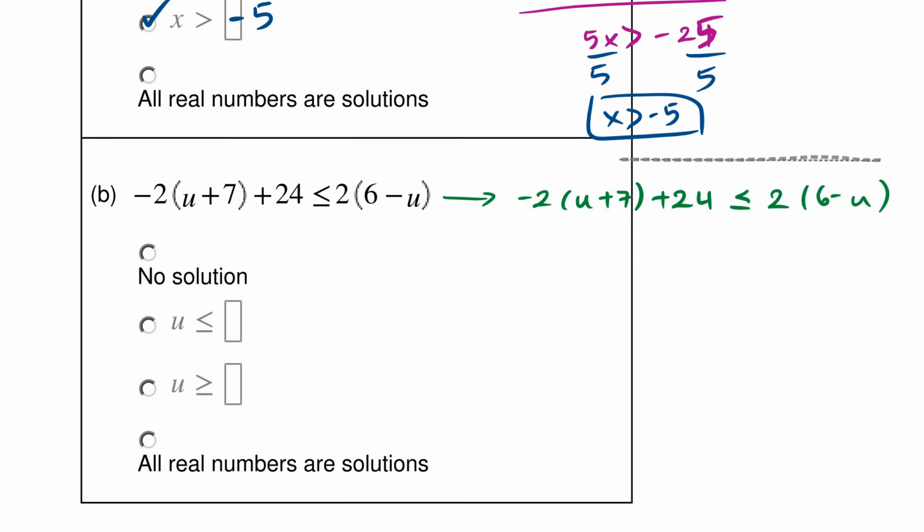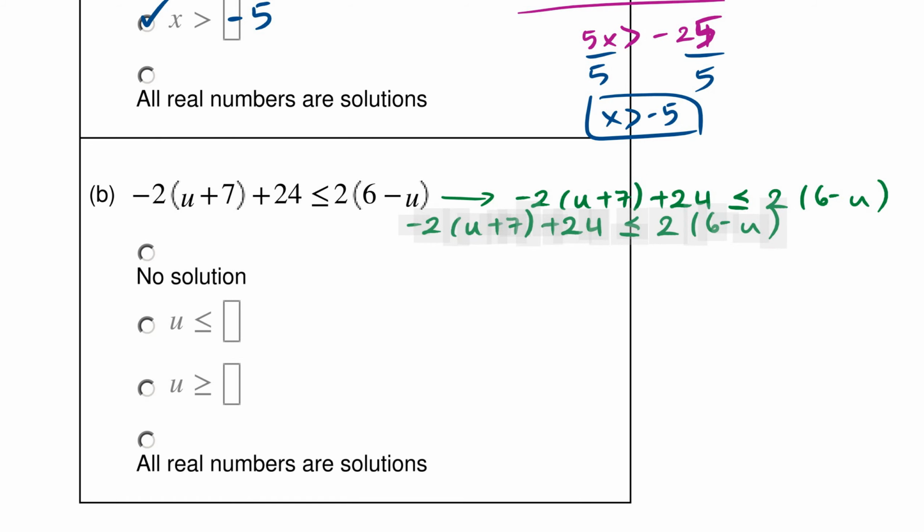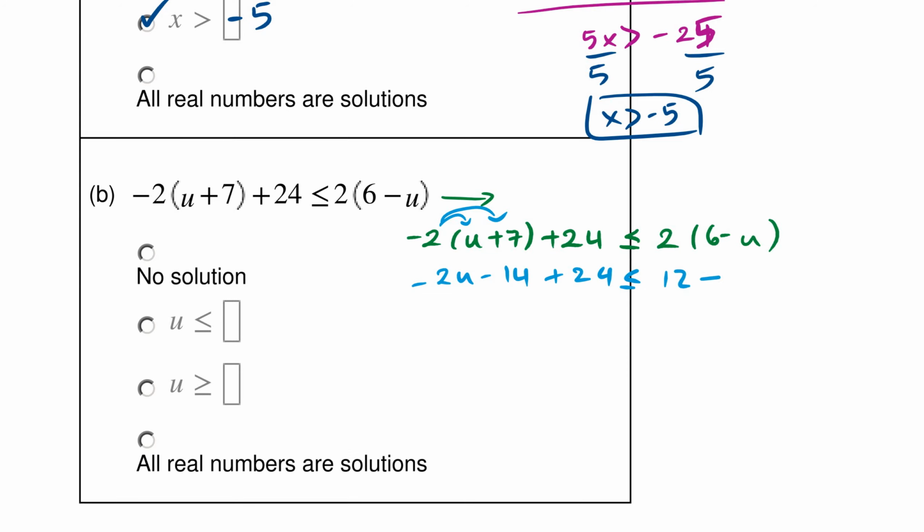Alright, let me try to line them up correctly. I want to use the edge of the box as the line that we use to divide the equation. So first we're going to distribute negative 2. That will give you negative 2u minus 14 plus 24 less than or equal to 12 minus 2u.